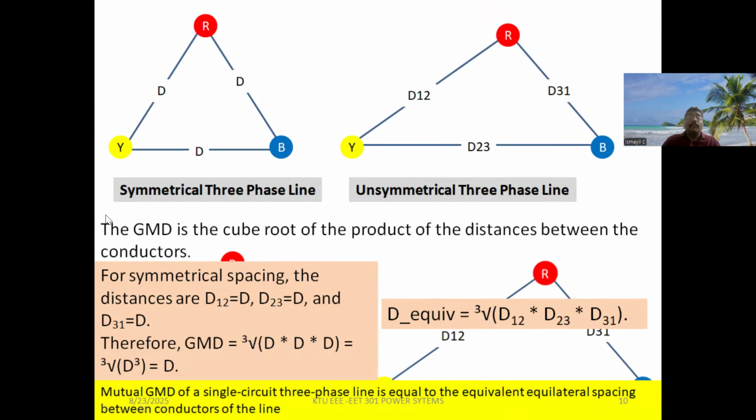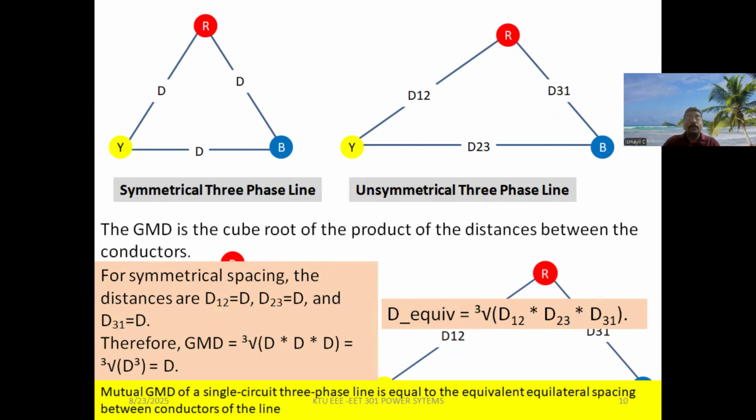For the symmetrical three-phase line or the unsymmetrical three-phase line, the formula is the same. It is the cube root of the product of the distances between the conductors. Now, in the first case, as I mentioned earlier, D12 equal to, let it be D, D23 is equal to again D, and D31 is also equal to D. That means they are placed at equal distances, at the corners of an equilateral triangle.